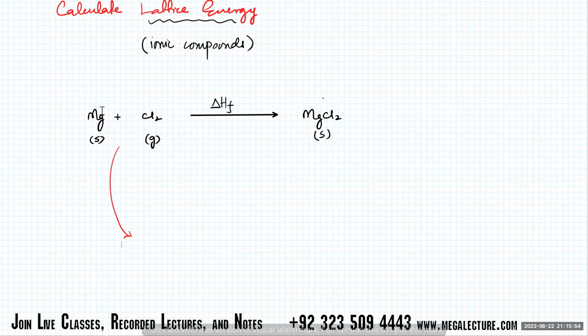which means that Mg right now is metallic Mg. So first you would have to break the metallic bonds. When you break the metallic bonds, what do you get? You get magnesium gaseous atoms. That's basically your enthalpy change of atomization of Mg. Okay, we studied Mg atomization: element turns into gaseous atom. So you've broken the metallic bonds of Mg. You've got Cl2 over here. The Cl atoms are bonded together.